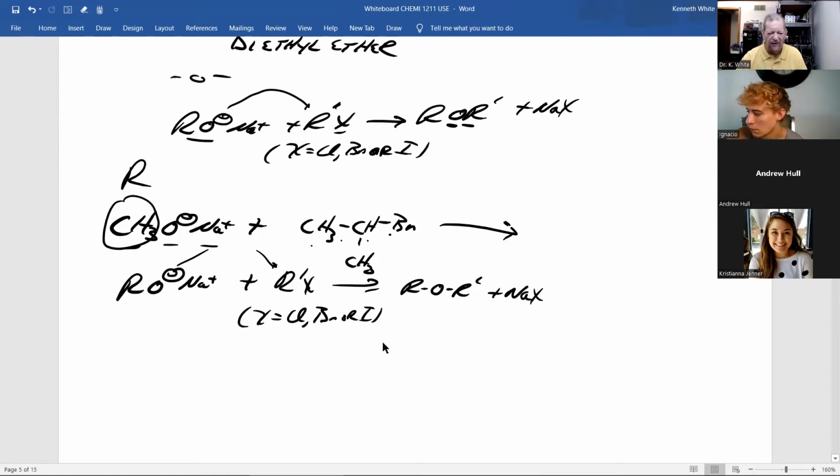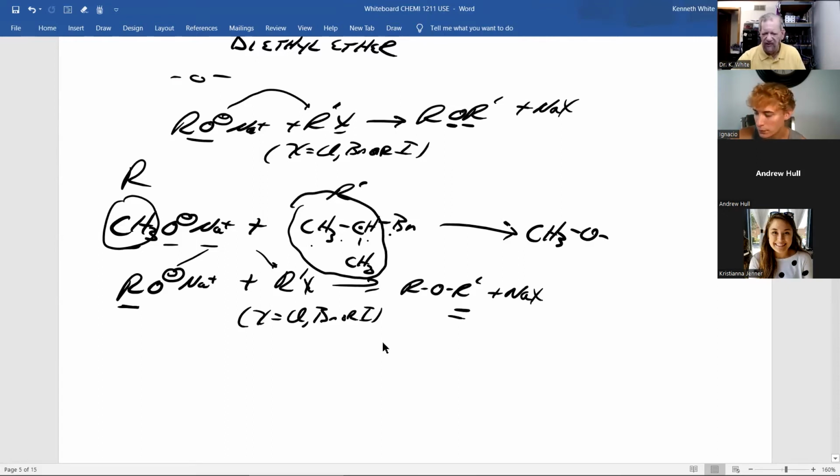This is my R group. This is my R prime. The carbon with the halogen is that one. This R group comes along for the ride. Oxygen. What's my R group? Isopropyl. And we formed an ether.